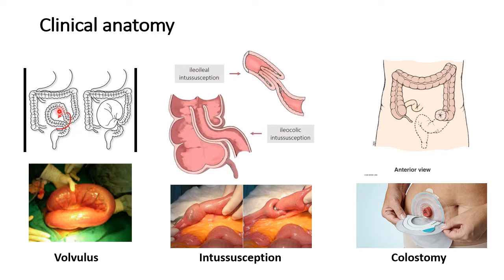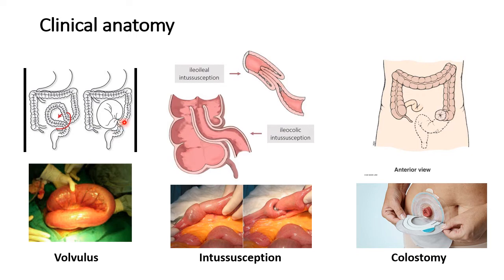One of them is the cecum, so it can happen in the cecum, and it can also happen in the sigmoid colon, which is twisting of the sigmoid colon. So instead of being a continuous tube, it gets twisted, and at the point of twisting, the colon becomes blocked, so nothing enters into it, nothing comes out of it.